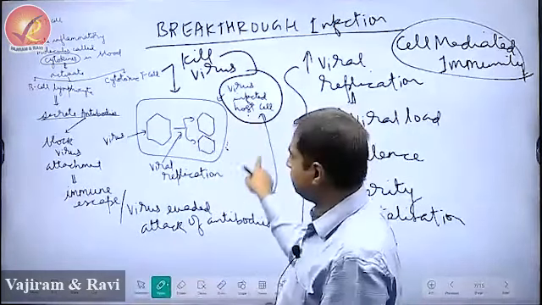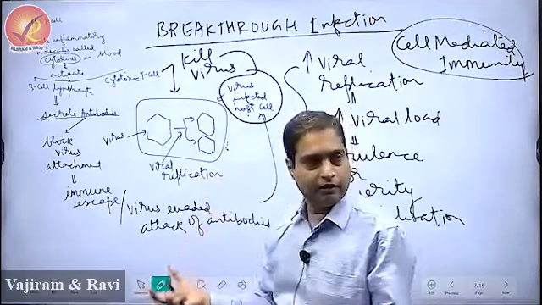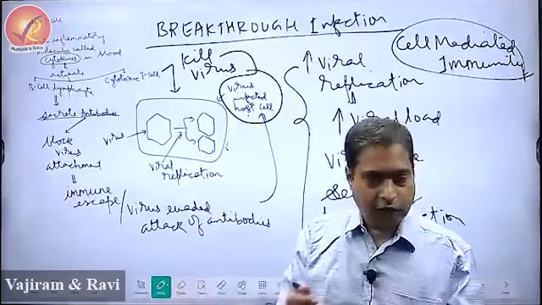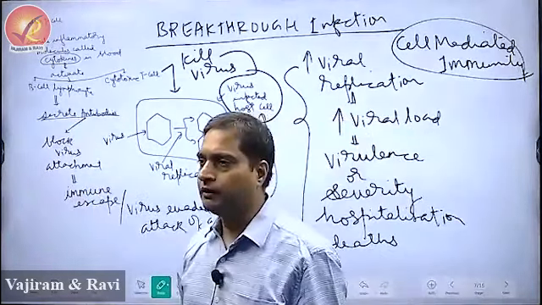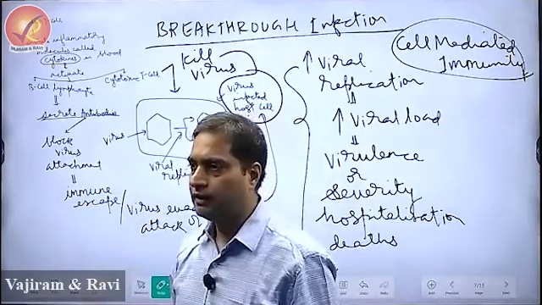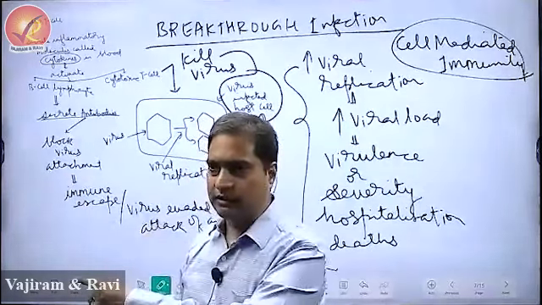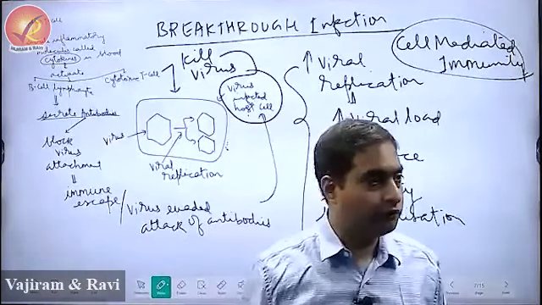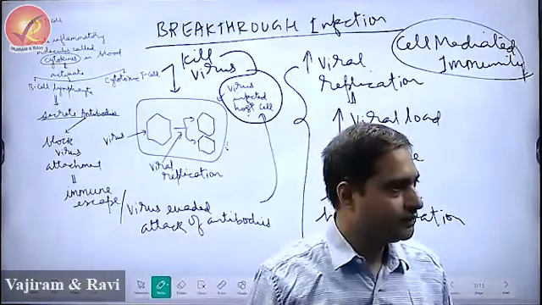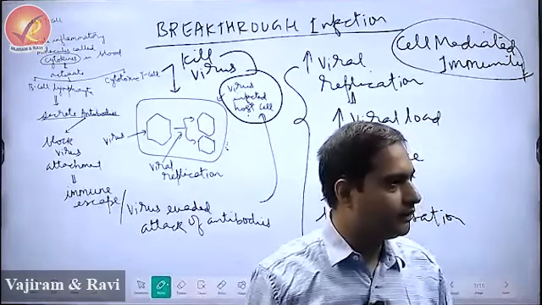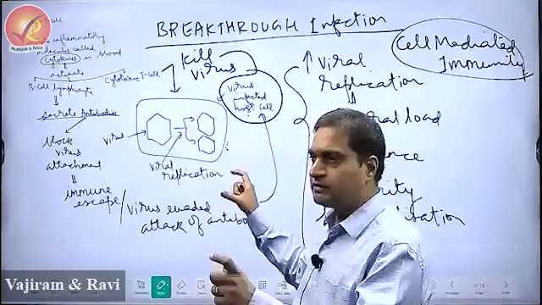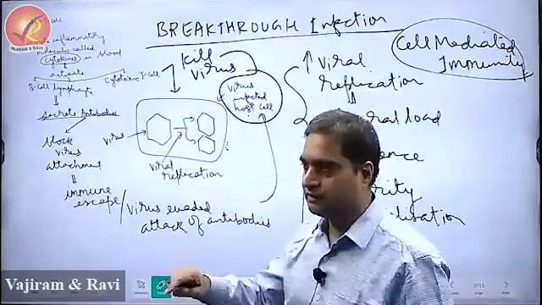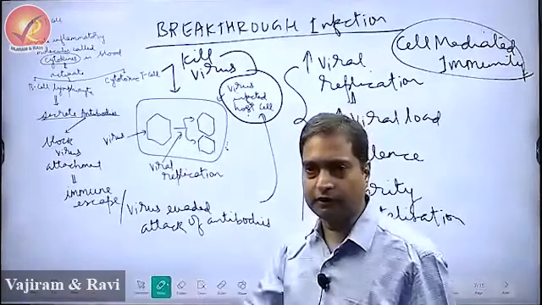It will destroy this infected cell. Without a cell, the virus cannot multiply. It will also break the virus into fragments, ultimately helping clear the infection from your body. It keeps a check on your infection and does not allow it to get translated into severe disease or virulence. So the answer is cell-mediated immunity. We'll continue the next class from cell-mediated immunity. How do these T cells kill this virus infected cell? That mechanism we'll follow in the next class.